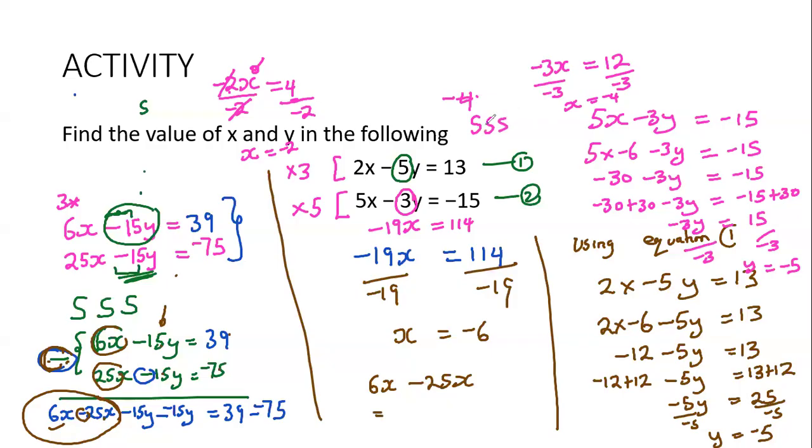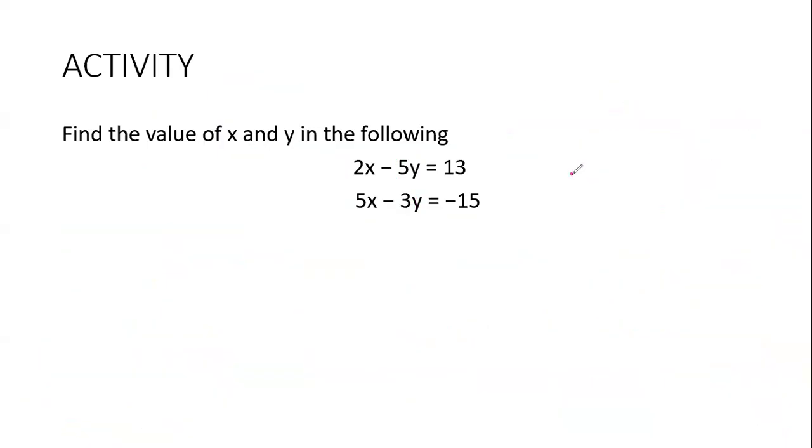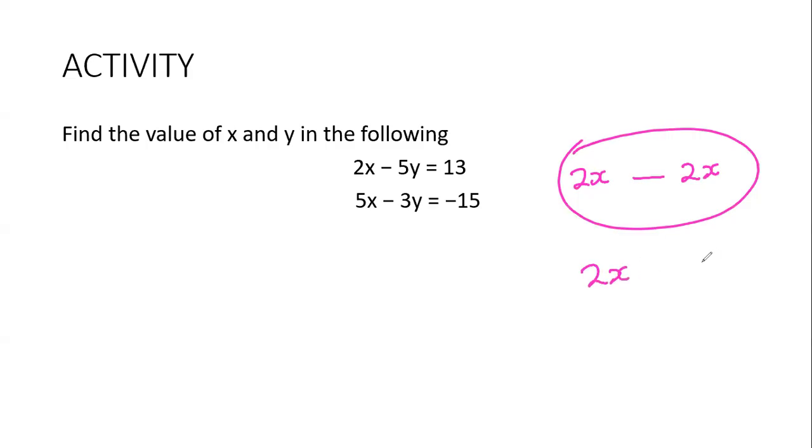When you are eliminating any figure, let me say I have 2x and I have another 2x and I want to get a 0. The only way I can come up to 0 is when I subtract those two things. But when I have 2x and I have -2x, if I want this to vanish, I can only add them.